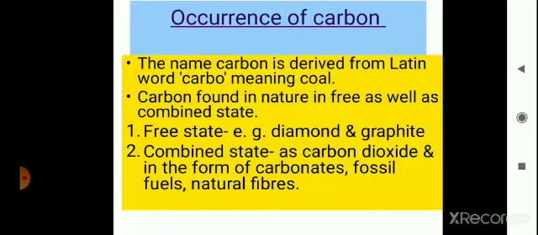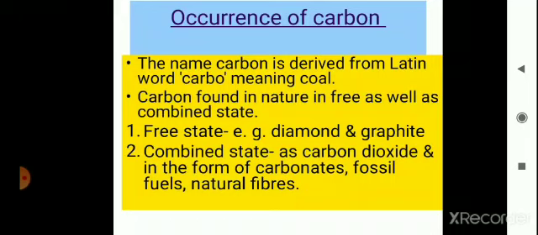Carbon in the free state is found as diamond and graphite. In the combined state, it is found as carbon dioxide, and in the form of carbonates such as calcium carbonate, marble, calamine.